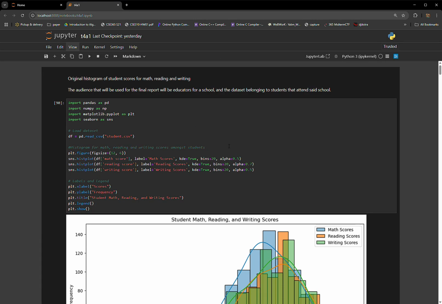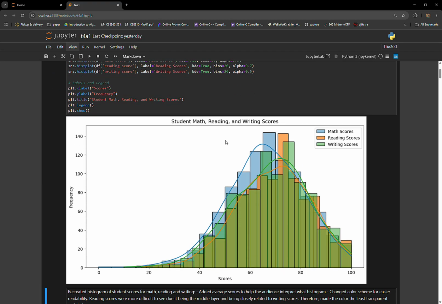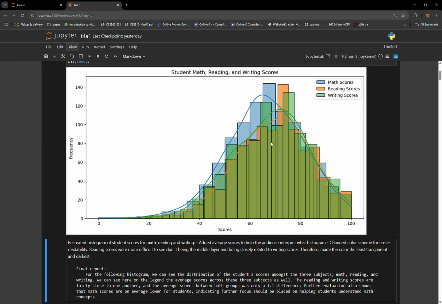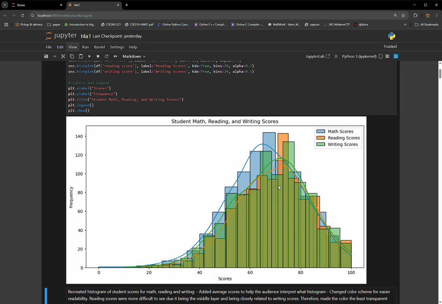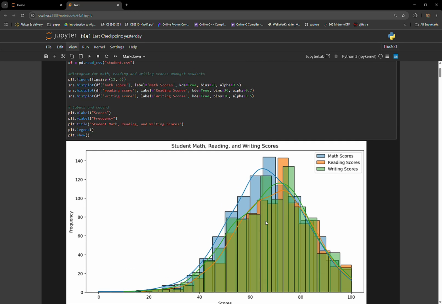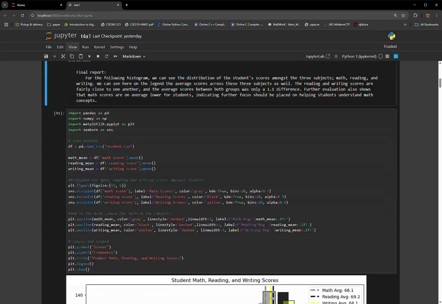My data set is for student test scores, and I compared those test scores in comparison to different variables. The first one was just comparing the different test scores, and I did a histogram for that. When I first made it, the default colors are kind of hard to read, and it's very busy down here, especially with this second layer, the reading scores, as they're very related to the writing scores.